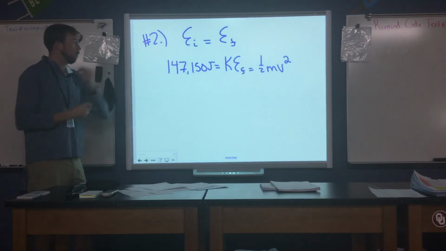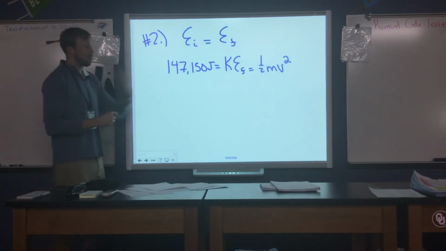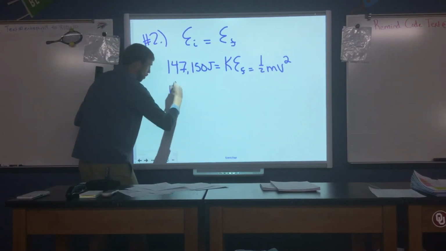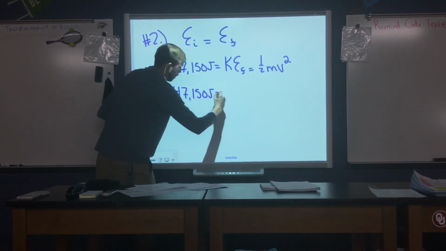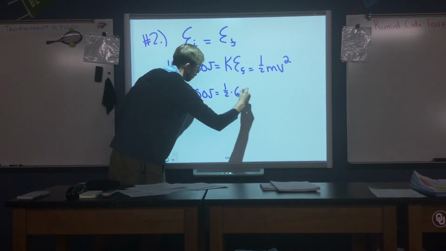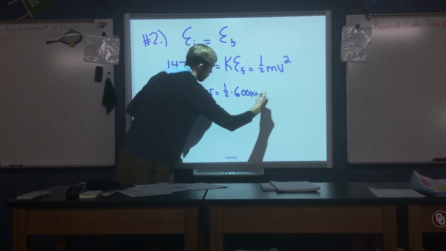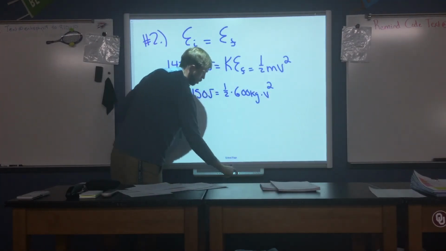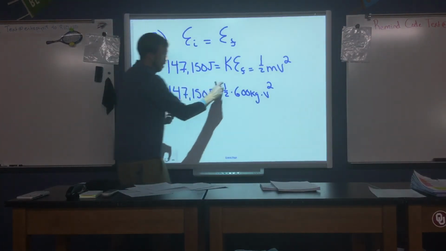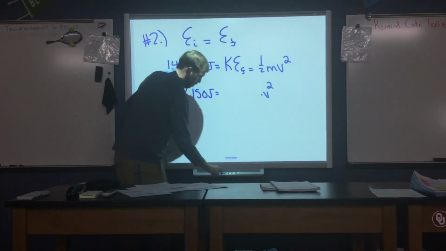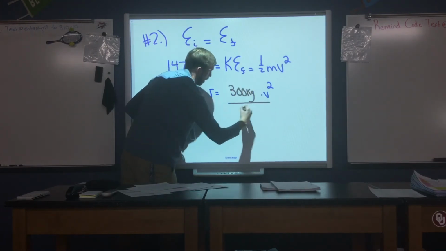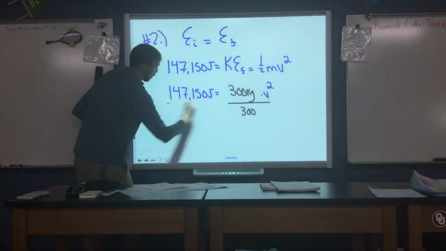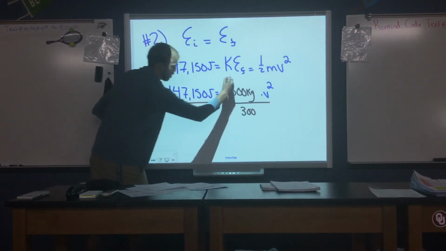So I'm going to take my value for energy initial and use that to find my velocity. 147,150 joules is equal to 1/2 multiplied by 600 kilograms multiplied by velocity squared. I could quickly show that 1/2 multiplied by 600 would give me a value of 300 kilograms. And then I could divide by 300 kilograms on both sides of our equation.